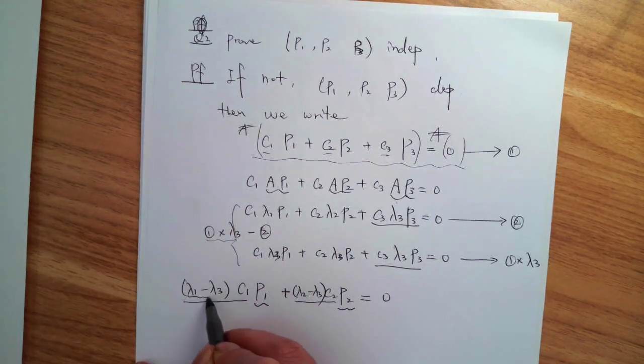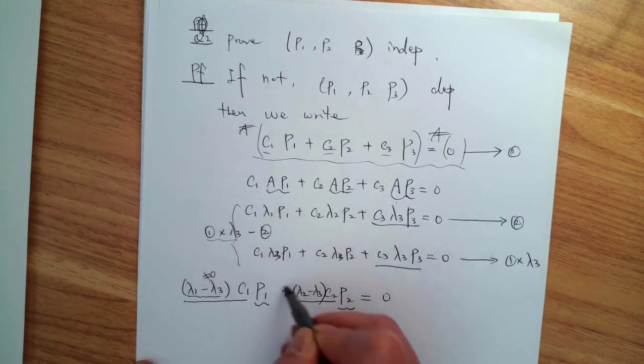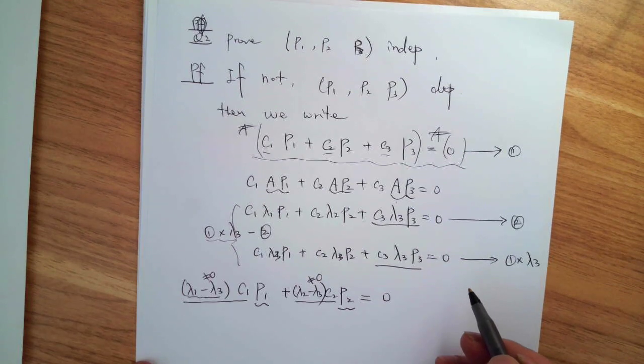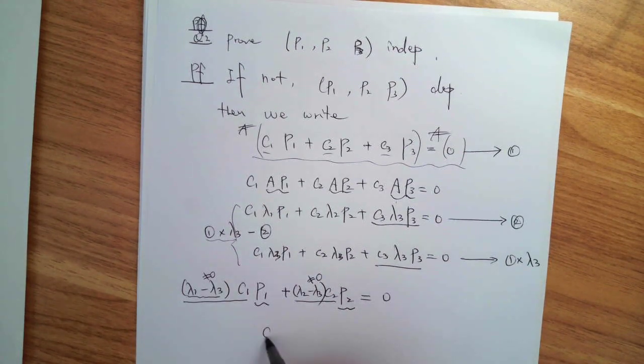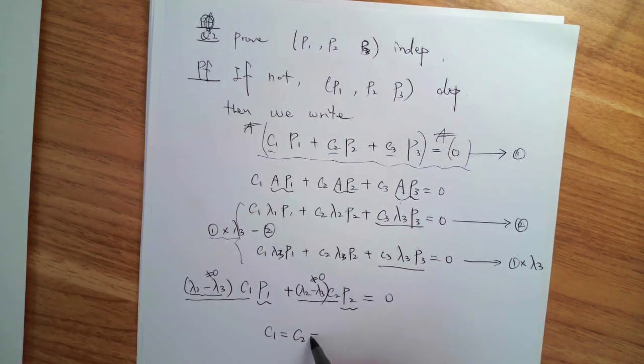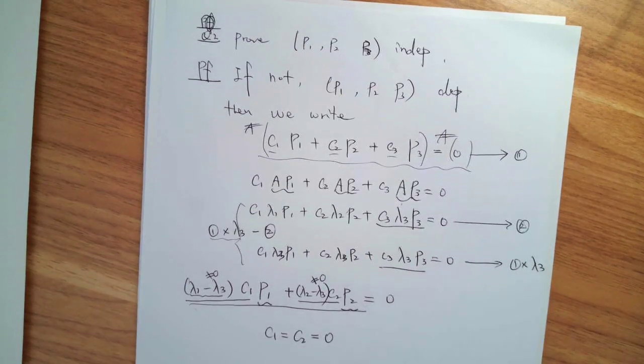But we know lambda 1, lambda 3 are not equal to each other, so the factor is not equal to 0. Similarly, the other is not equal to 0. The only possibility is C1 has to be equal to C2 and equal to 0. Otherwise, these two are dependent, which is a contradiction.